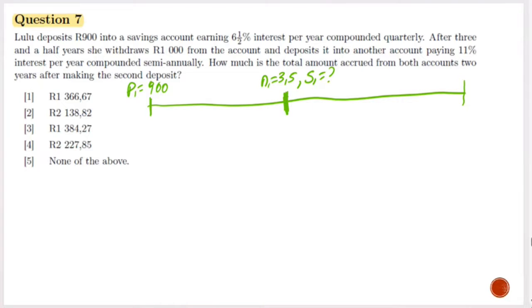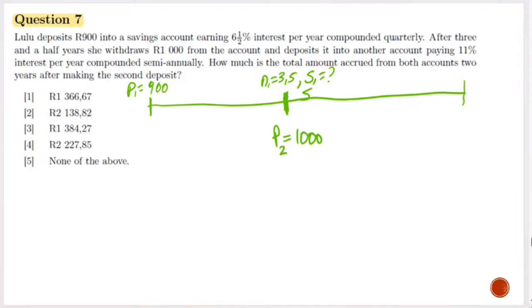She withdraws 1,000, which I'm going to call P2, for the second account. I've got 2 accounts: at the top is the first account, at the bottom is the second account. When she withdraws, whatever amount is left stays on the old account.